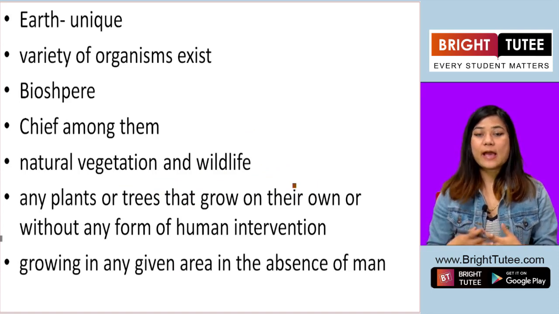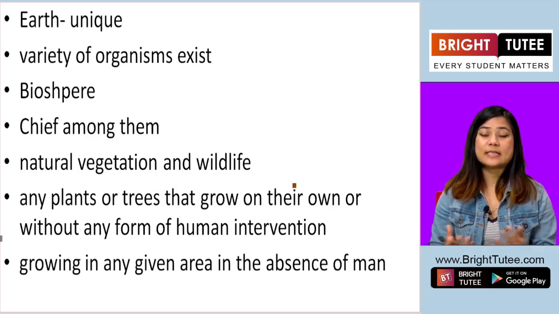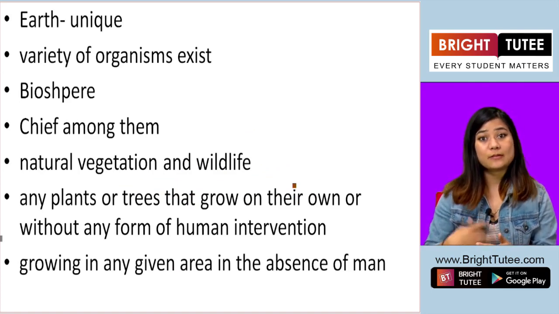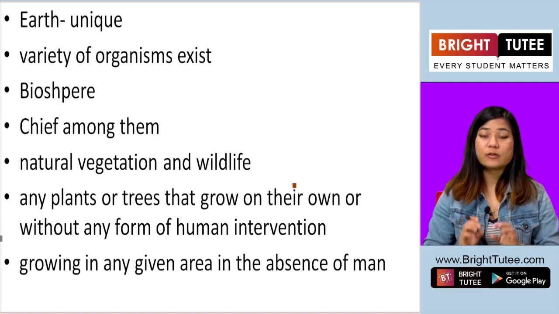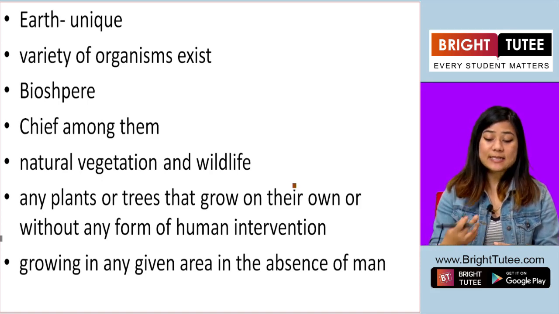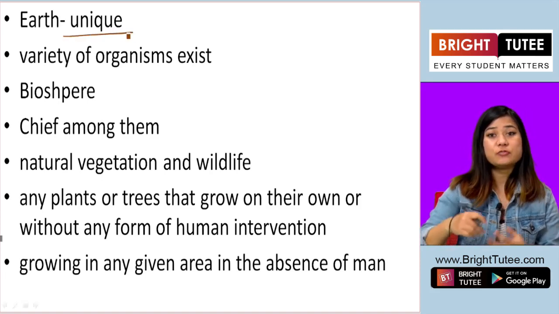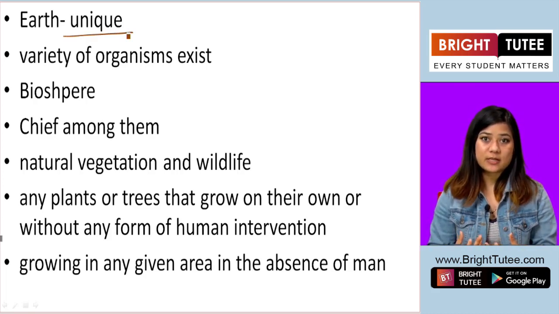So when we look at Earth, planet Earth, there are other planets in our universe as well, apart from the Earth. Now, when we put together all these planets and we look at Earth, Earth stands out. It stands out because it is a unique planet. It has life in it, right?